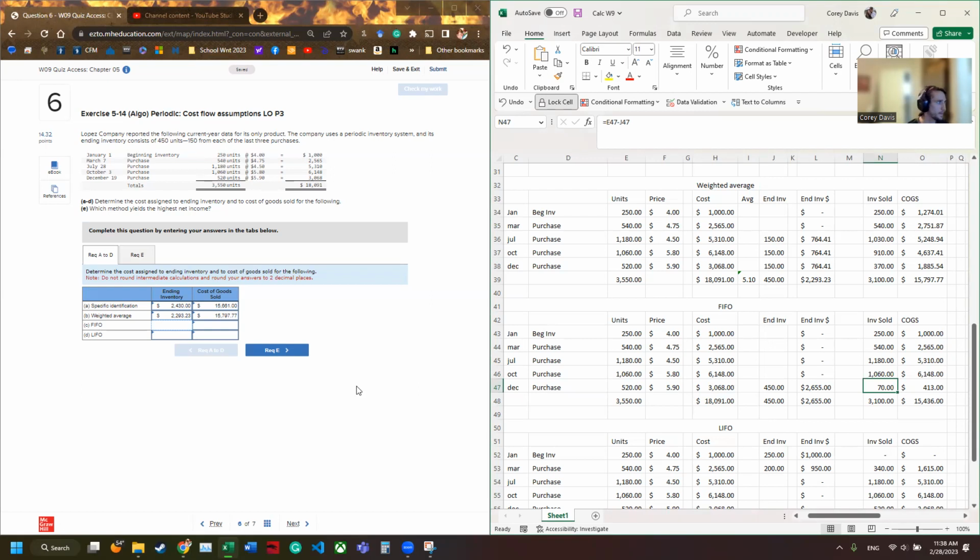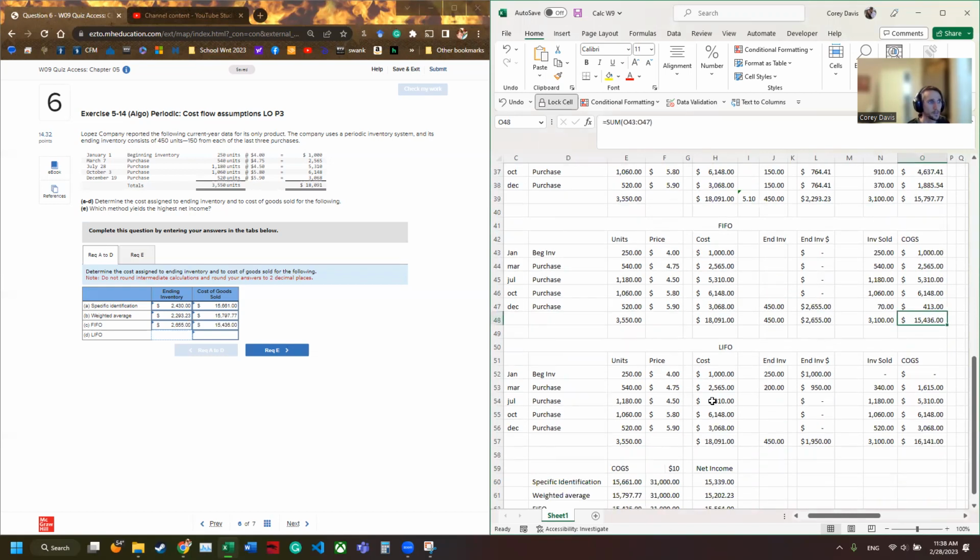So then that gives us an ending inventory of 2,655 and cost of goods sold of 15,436. Because again, each of these is based off of the price that we paid for them.